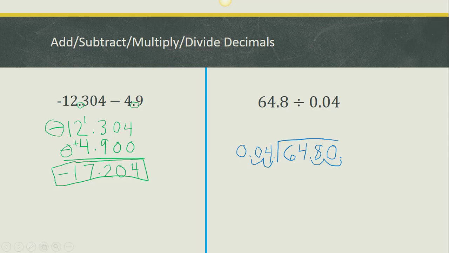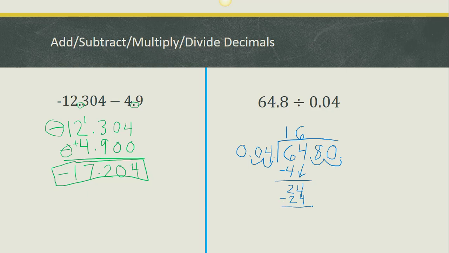Okay. Now we divide. 4 into 6 is 1. 1 times 4 is 4. Subtract. 6 minus 4 is 2. Bring down the 4. 4 into 24 is 6. 6 times 4 is 24.